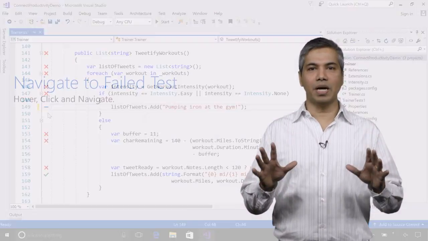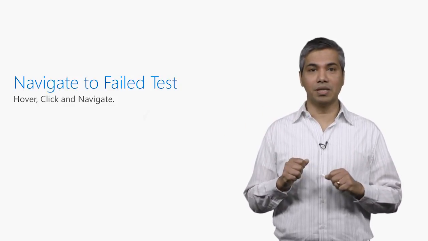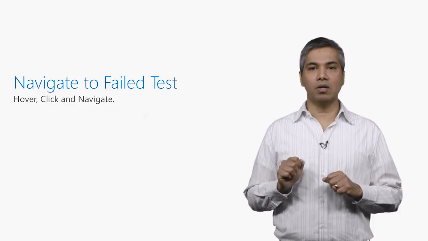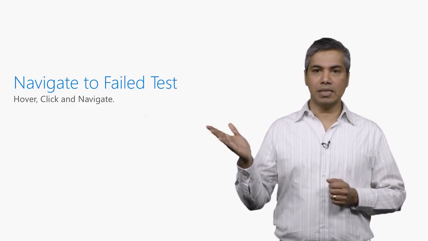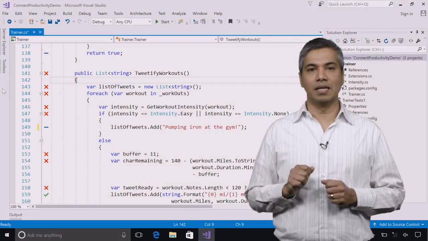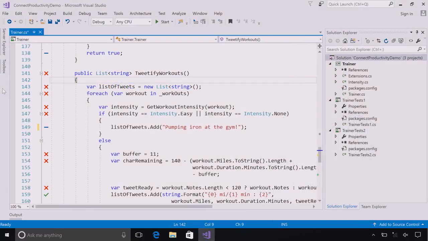At any point in time, you can hover over the coverage icon to get quick information. You can click on the icon to see the impacted test, and you can easily navigate to a test by clicking on the test. Let's do that. You can hover over the green check or red X to see the number of tests hitting the given line.